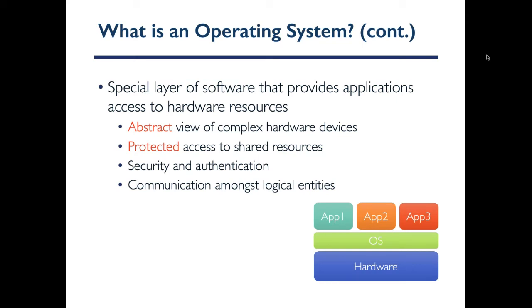It's going to hide the complexities that come with the hardware and provide a very clean interface to the applications. The other important task of an operating system is to protect applications from each other and protect itself from the applications. On the side, the operating system is also going to provide facilities for security, authentication, communication, and such.